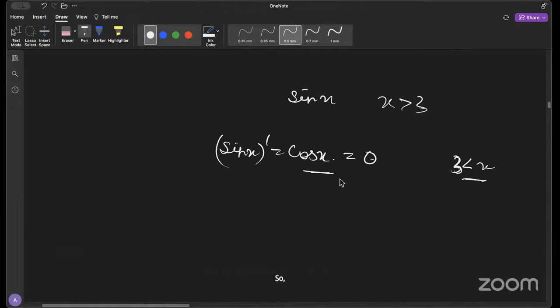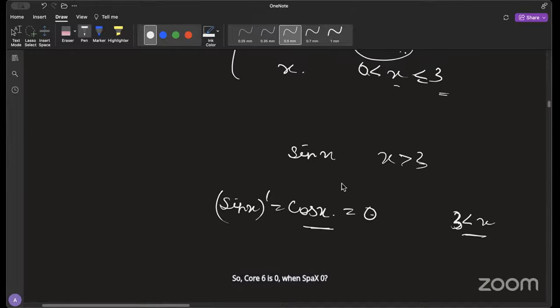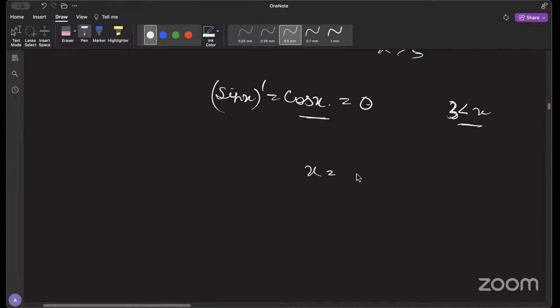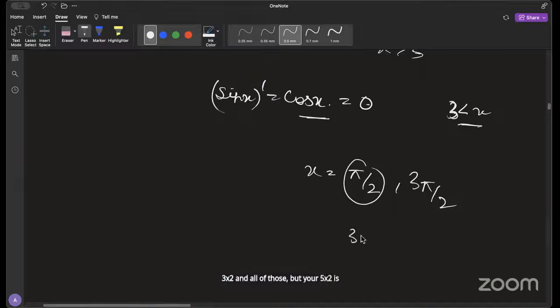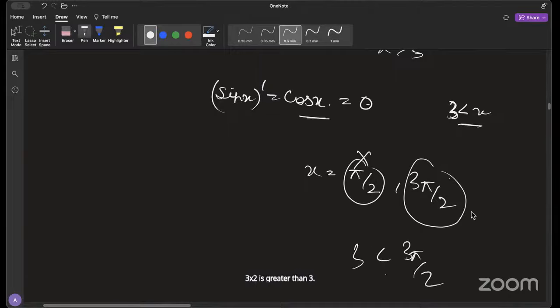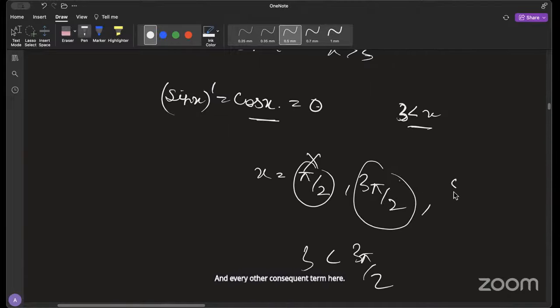So cos x is 0. When is cos x 0? In general, it's 0 at x equals pi by 2, 3 pi by 2 and all of those. But pi is 3.14, and if you divide it by 2, it's definitely less than 3. That means you can't include this point. Then you can come to 3 pi by 2, which is greater than 3, and every other subsequent term, 5 pi by 2 and so on, is also greater than 3.